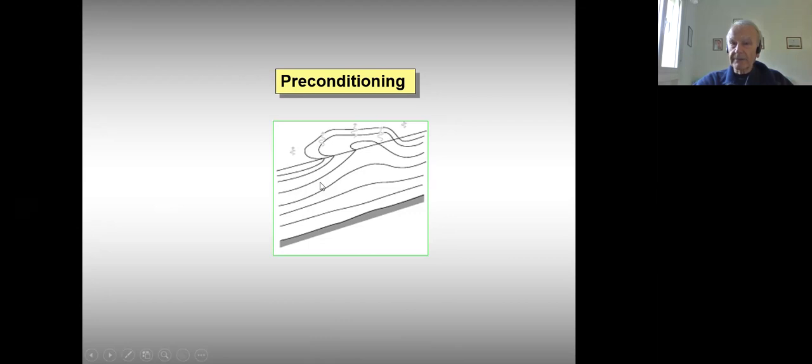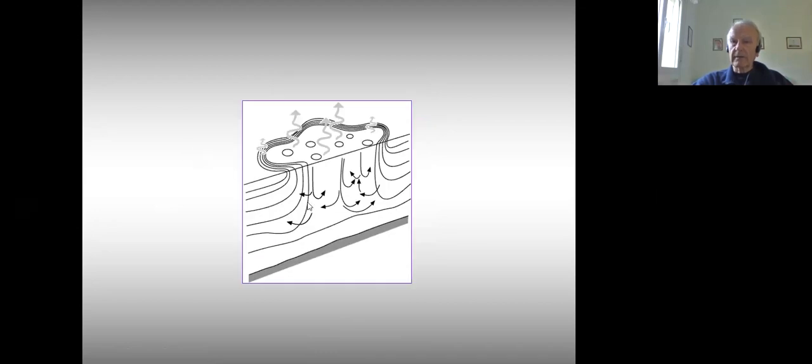These are isopycnals, the lines of equal density. And you can see that there is the formation of high density in a certain area, a relatively limited area, and you can see how it looks if you look from above.